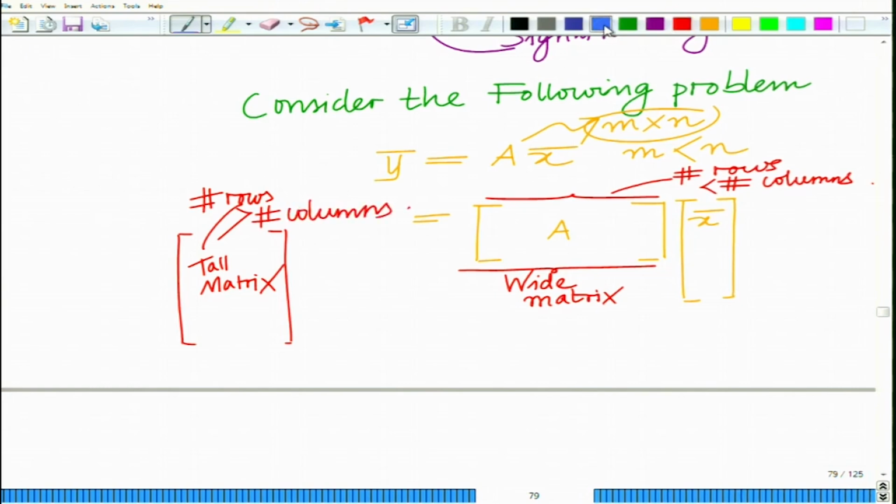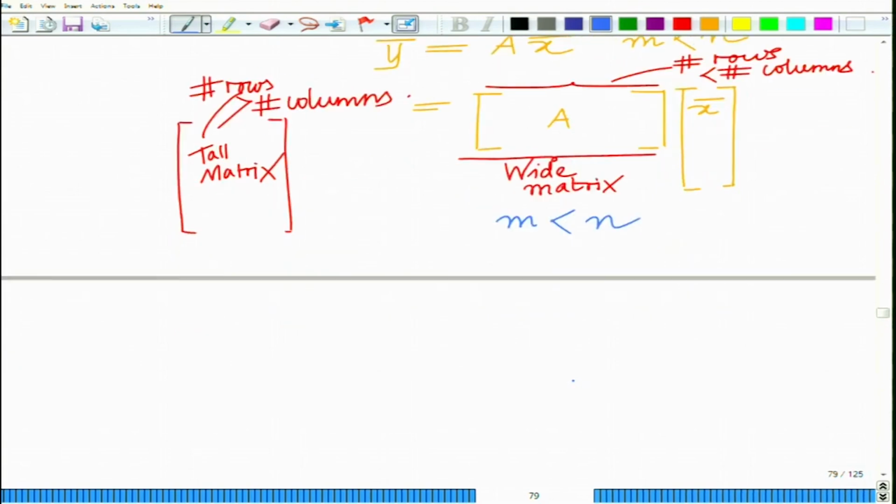Now we have a wide matrix, that is the number of rows, m, is less than the number of columns, which basically implies the number of equations.